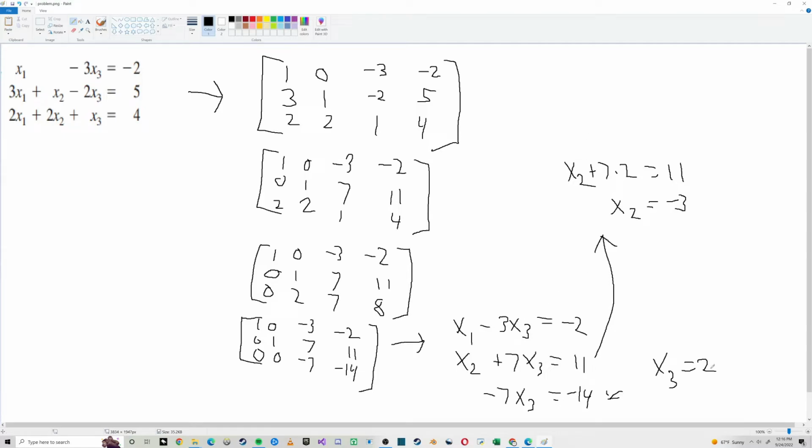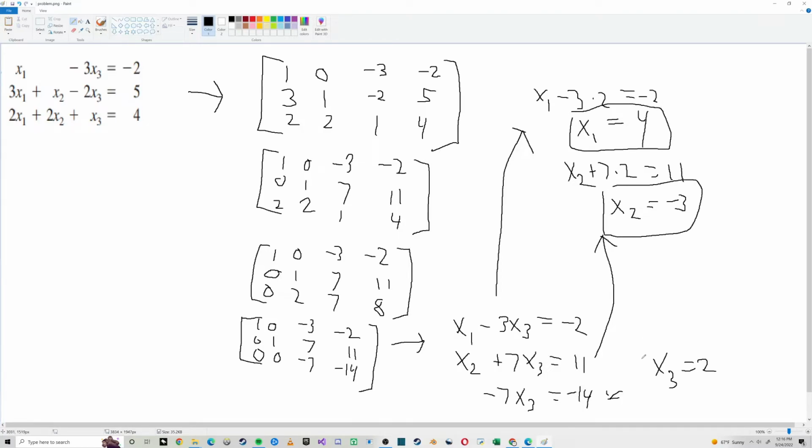And then we can again plug in our x3 for this equation. So x1 minus 3 times 2, because that's our value for x3, equals -2. So then x1 equals, this would be -6, so we'd add 6 to both sides, and we get x1 equals 4. So here is our answer, using Gaussian elimination.